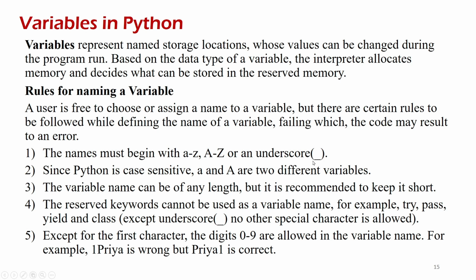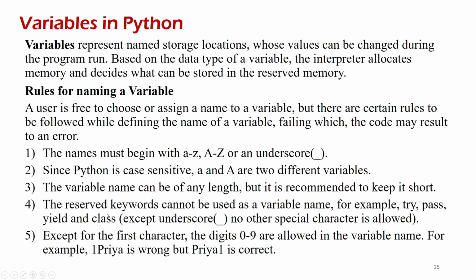Only this special character, underscore, could be used and no other. Since Python is case sensitive, small a and capital A are two different variables. Mind it. The variable name can be of any length, but it is recommended to keep it short.